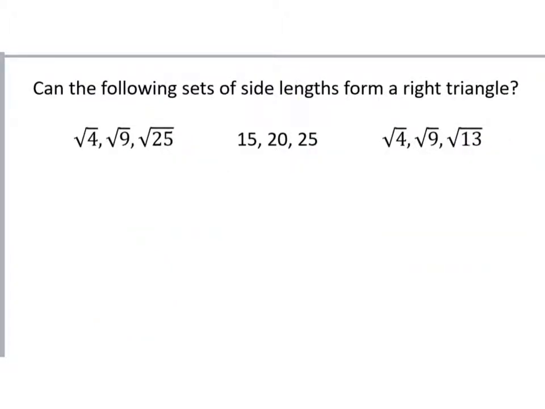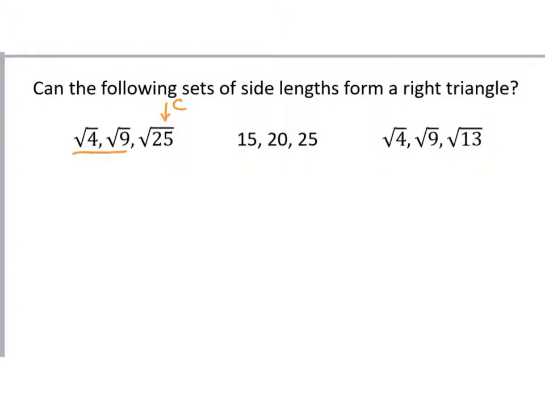Can the following set of side lengths form a right triangle? Okay, so in this one, this is the one where we tested, does a squared plus b squared equal c squared? So when I look at this problem, I want to know if I take my two smaller numbers and then reserve my bigger number for c.